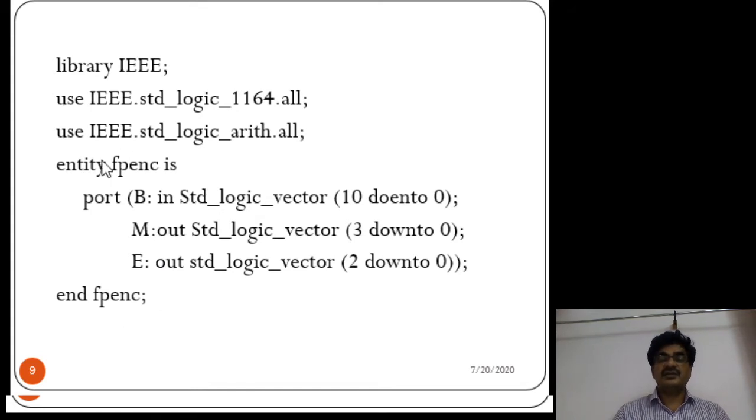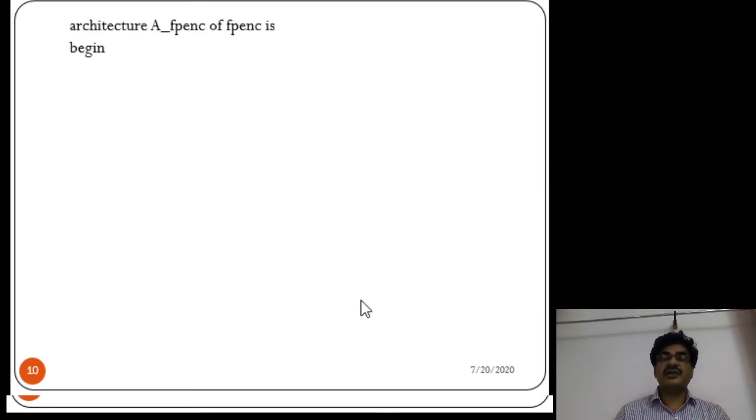Okay, right, the floating point encoder has an 11-bit input and a 7-bit output. The 7-bit output appears in two forms: one is the mantissa consisting of 4 bits and the other is the exponent consisting of only 3 bits. Then coming to the architecture body, architecture A of floating point encoder, this is the architecture name, of the entity name, is, then begin.